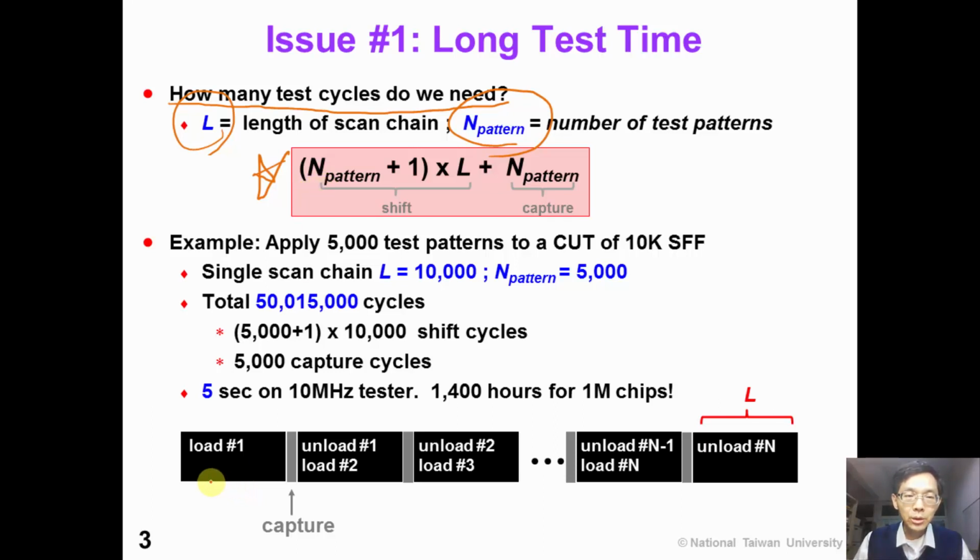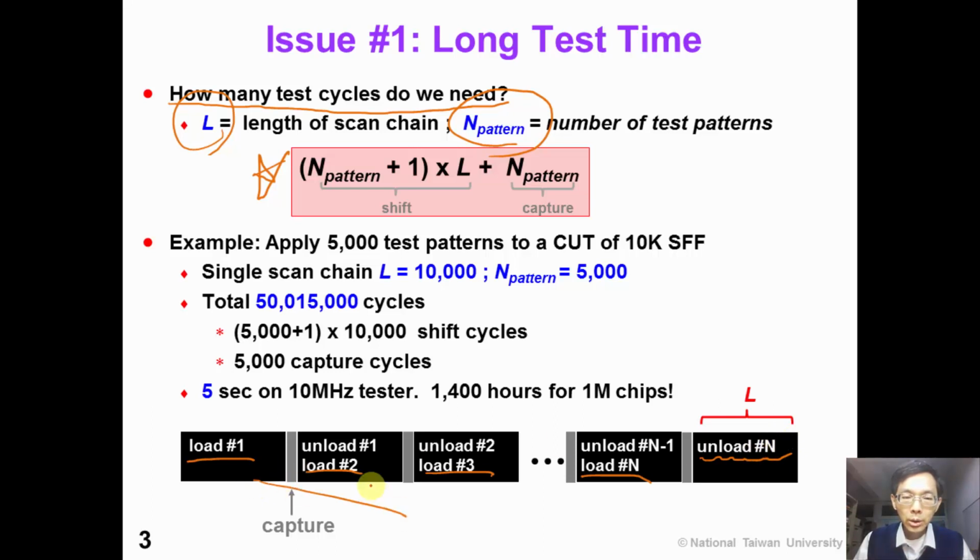From this picture, we can see that we need to load the test pattern 1, followed by 2, 3, all the way to test pattern N. At the end, we would need to unload the last pattern.